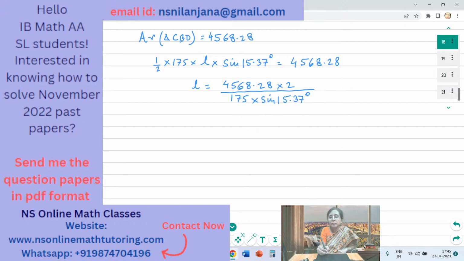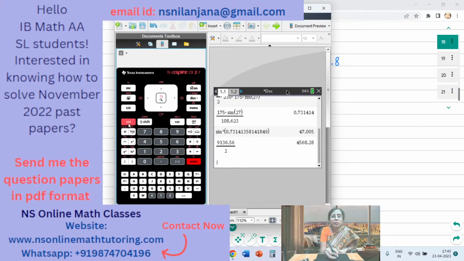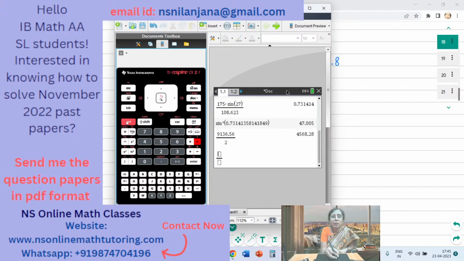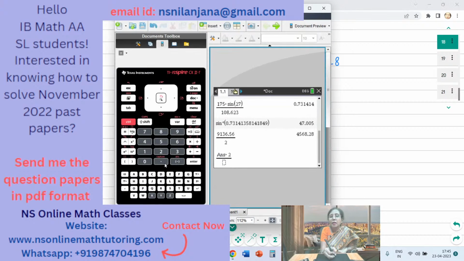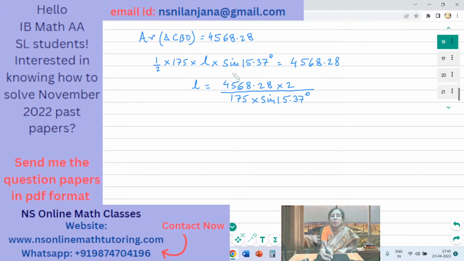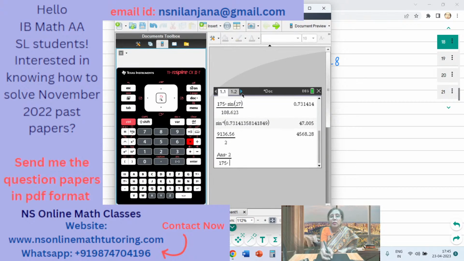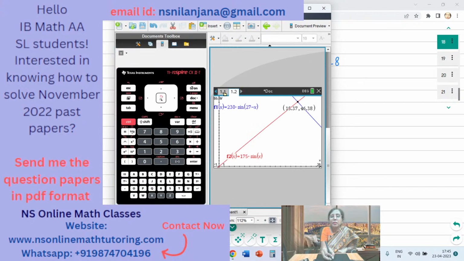Okay, so now times by 2, and the denominator is 175 times sine of 15.37.